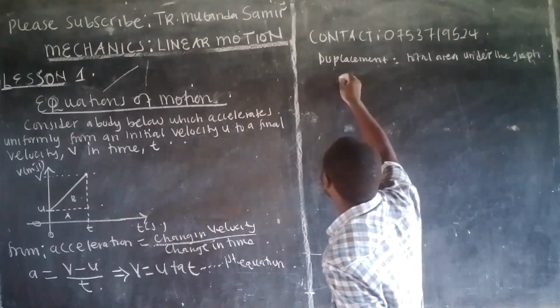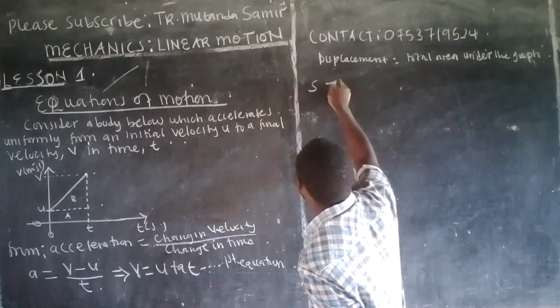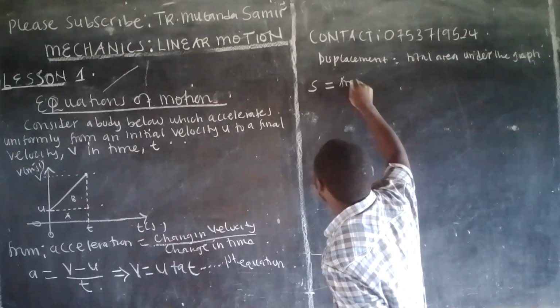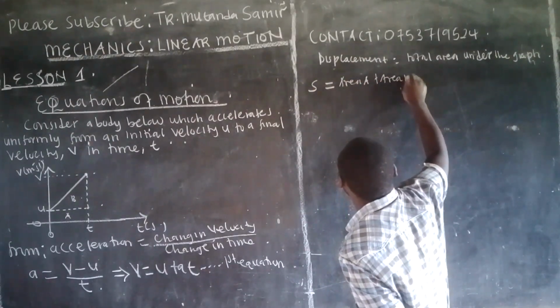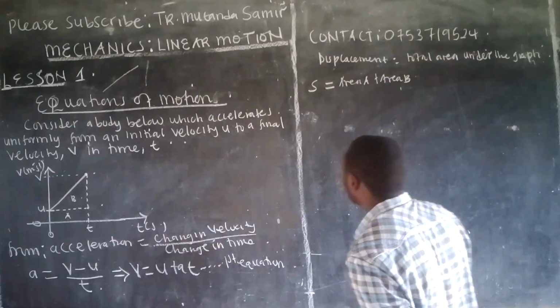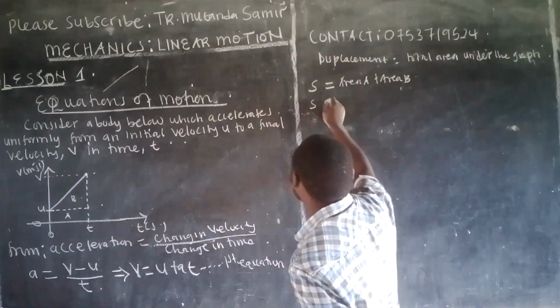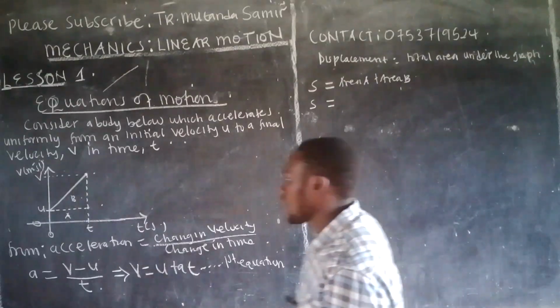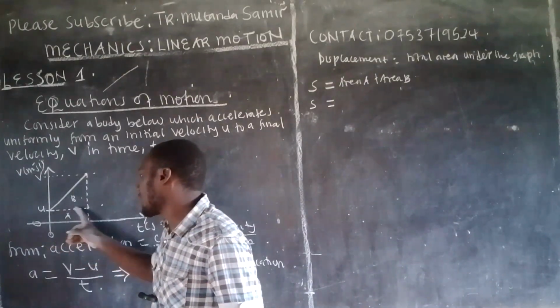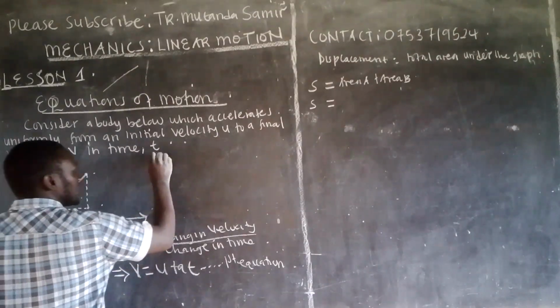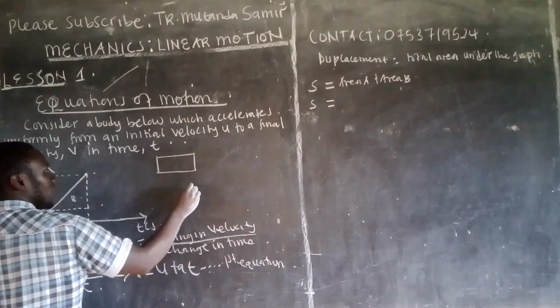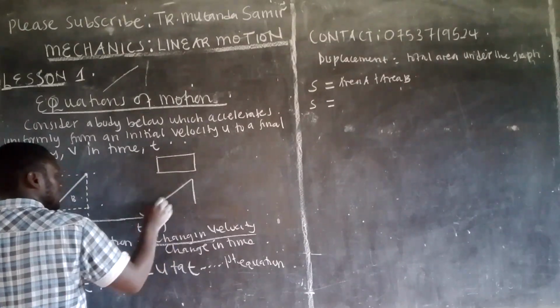Displacement, we use letter S, which will be equal to area A plus area B. So the displacement S will be equal to area A. What is our A? A is here. It is a rectangle. Then you have this triangle of ours.